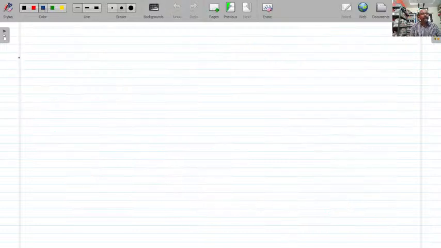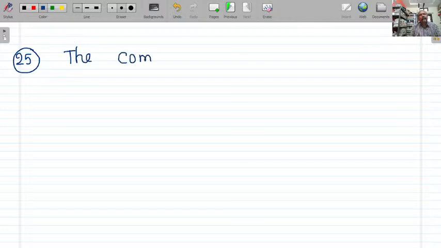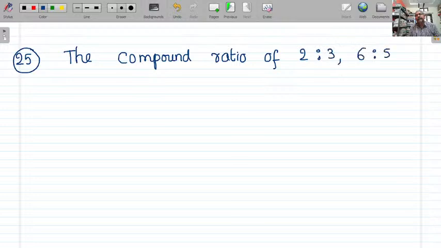Next, 25th problem. The compound ratio, compounded also we can say, the compound ratio of 2 is to 3, 6 is to 5 and 10 is to 9 is.